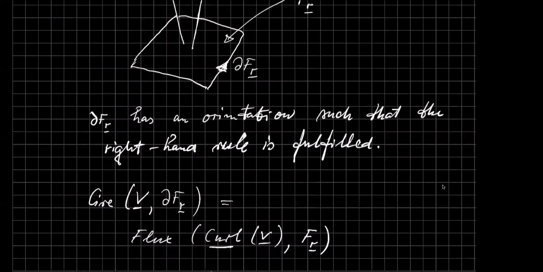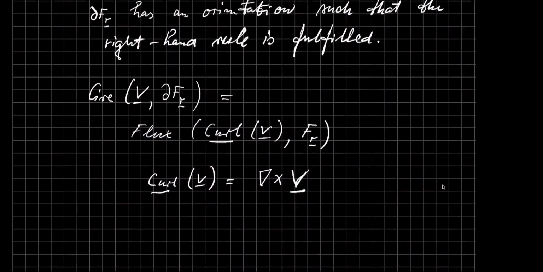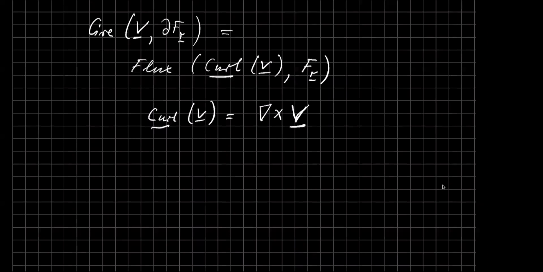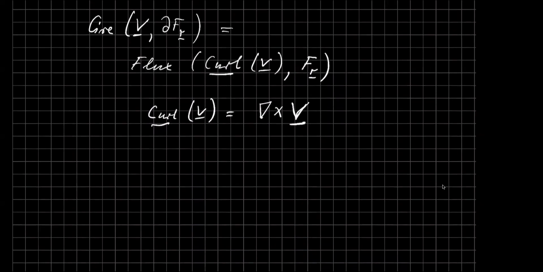You can, in fact, choose any f that has df as the boundary. I'll demonstrate that in an example to come. So now, before the break, I will give you an example.